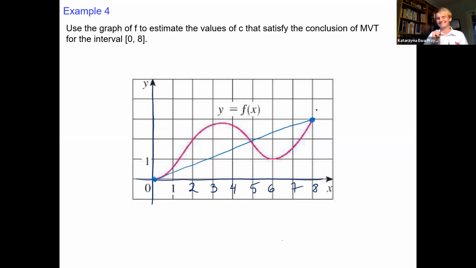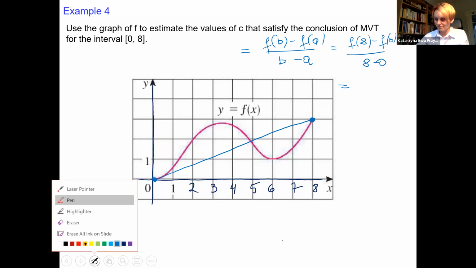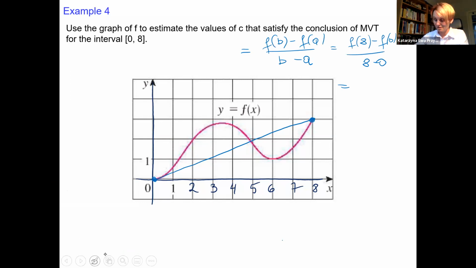Okay, better. The blue line represents f of b minus f of a over b minus a, and I can be even more precise: f of 8 minus f of 0 over 8 minus 0. Actually, we can compute that slope.